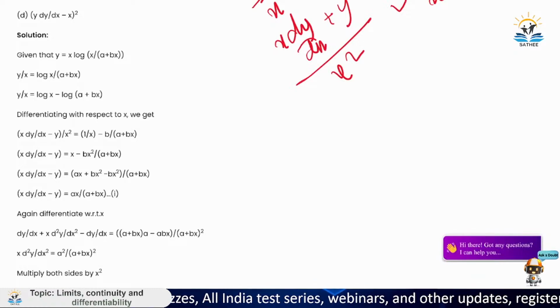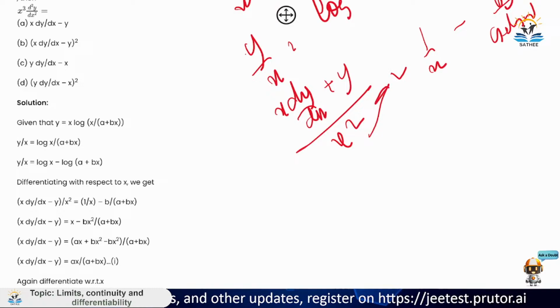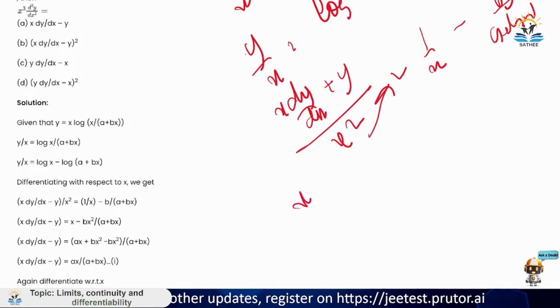Okay, so now what we are trying to do is we'll try to shift our x square that way.